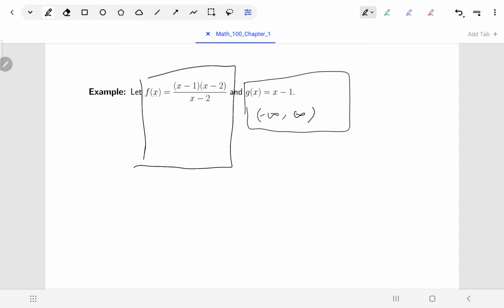So you would not be able to find out what f of 2 is. If you were looking for the domain, it's everything up to 2 and everything after 2, but not including 2. You can definitely figure out what g of 2 is. It's a polynomial. You can always put in that number. But for f, it's not defined at 2.